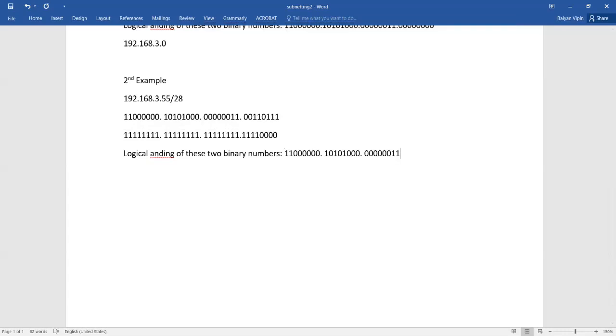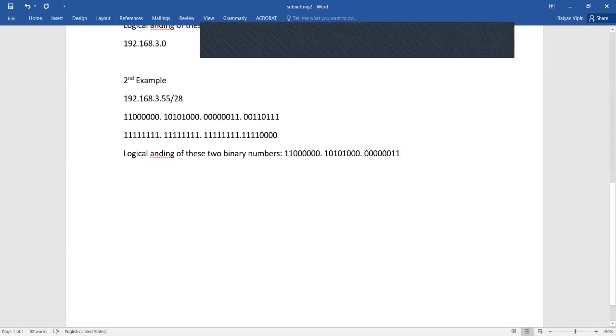So now for this, you can see the last octet I'm talking about, the first two are 1 and 0, so it's 0, 1 and 0, 0, and these two are 1, 1, so it's 1, again 1, this one is 0 again. Now we know that this part is clearly 192.168.3.